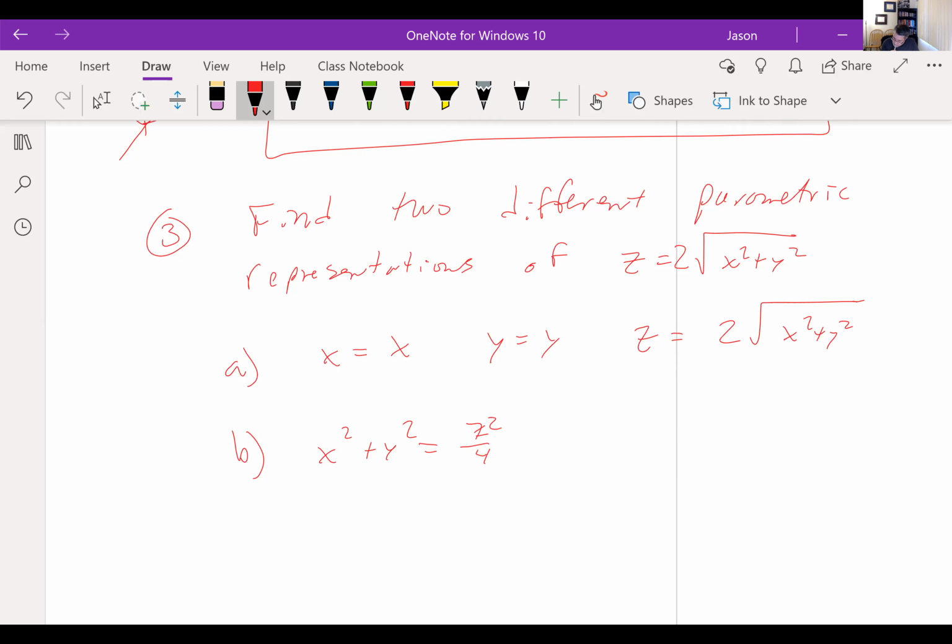Or I should say the meridians of longitude. Okay, the meridians of longitude, which are great circles. These are great circles.